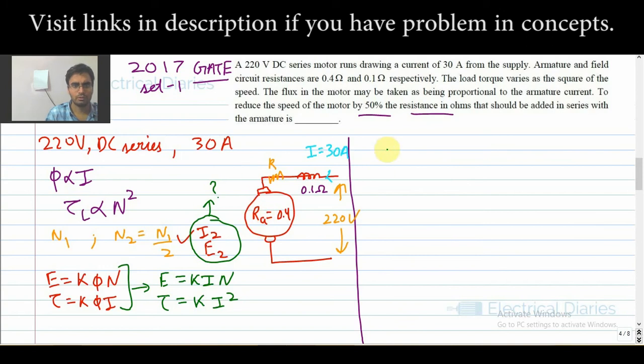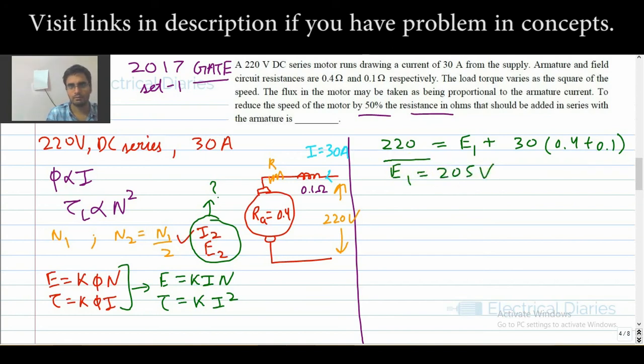One thing is also coming to my mind, that I should calculate E1 also. It is given to me 220 volts is equal to E1 plus current 30 times (RA plus RSE), 0.4 plus 0.1. Initially, E1 will come out to be 205 volts.